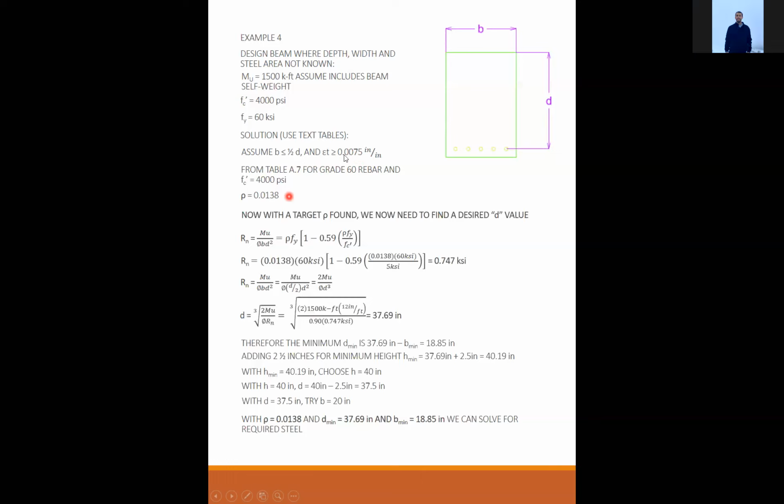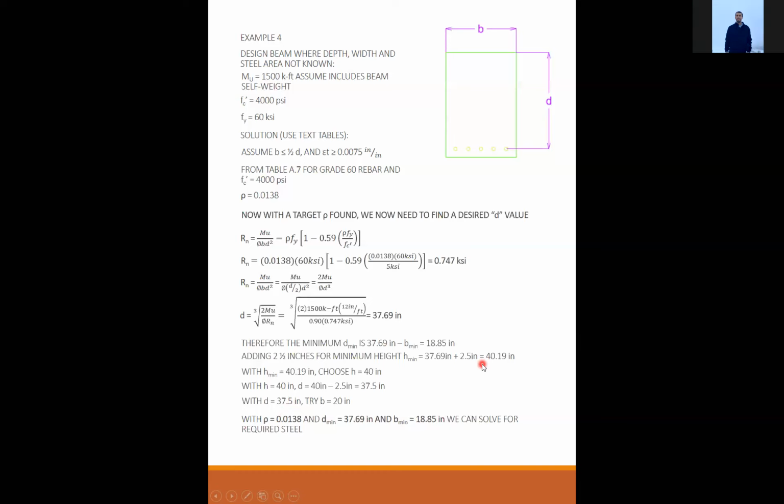This target gave us a rho, and this demand fed into here gave us a target D. In this case, I'm proposing to provide a D that is slightly smaller than my D minimum. Is that going to be okay? I think it's going to be okay because B is actually a little bit bigger, and this was just a target. If I undershoot this by a little bit, it's still going to be okay.